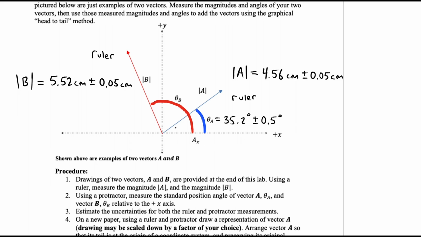For theta B, we need an obtuse angle, an angle that's bigger than 90. Here's 90 degrees right here, and we have to go just a little bit farther beyond 90. This is because standard position angles have to be measured from the positive x direction.